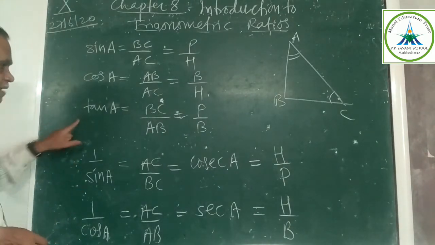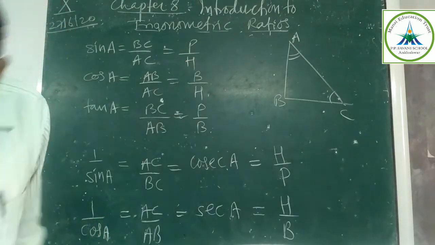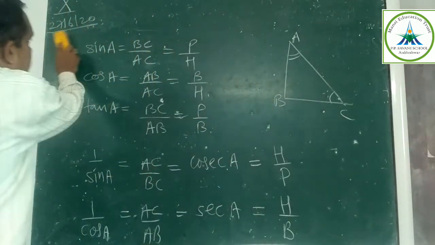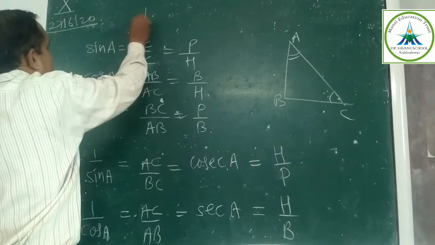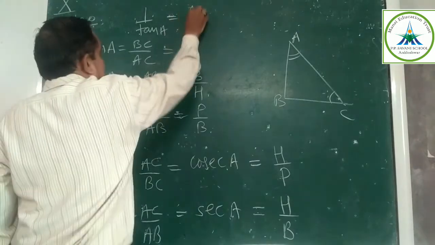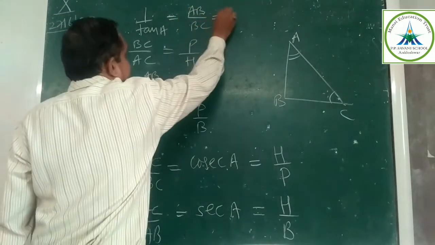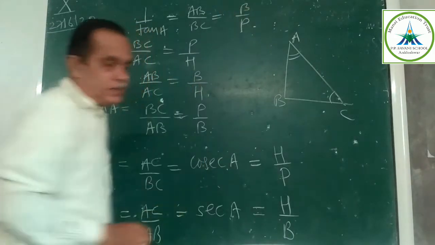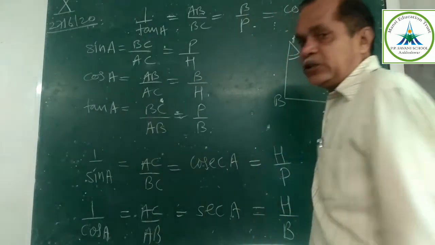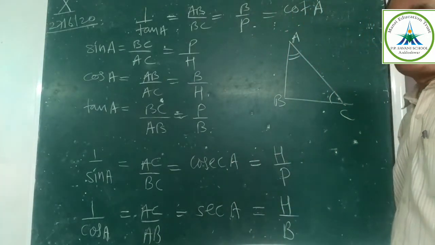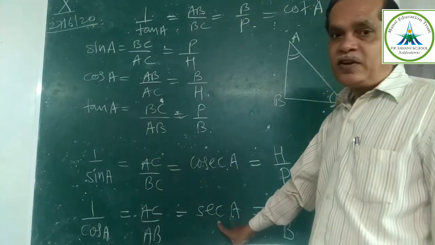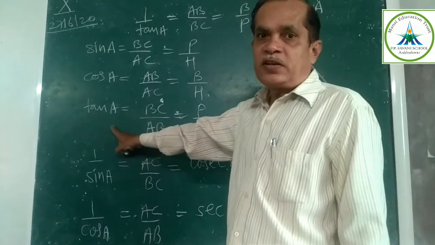If I take the reciprocal of tan, it equals AB upon BC, that is base upon perpendicular, and this is known as cot A. Cot means cotangent. Cosec means cosecant. Sec means secant. Tan means tangent.